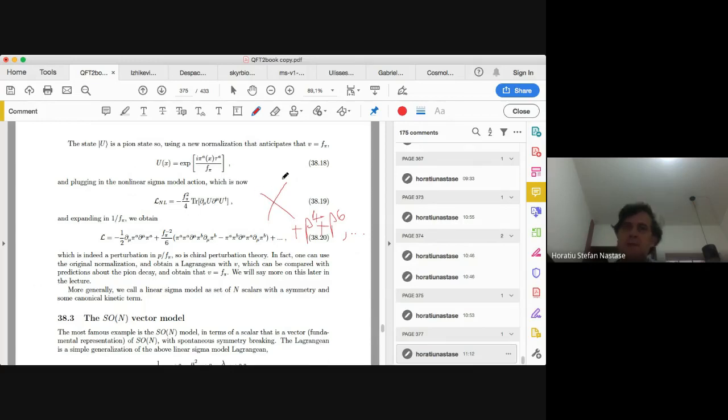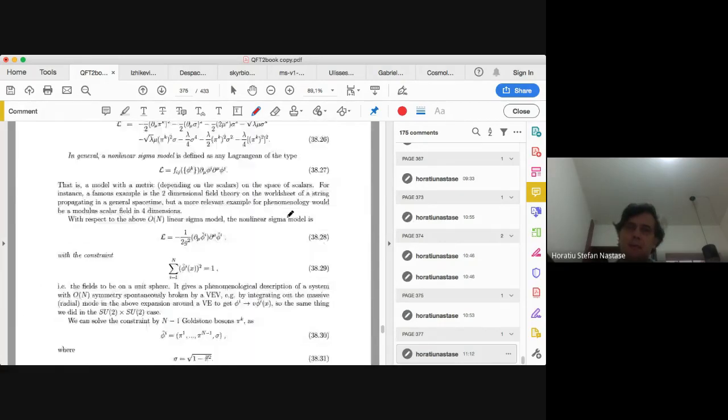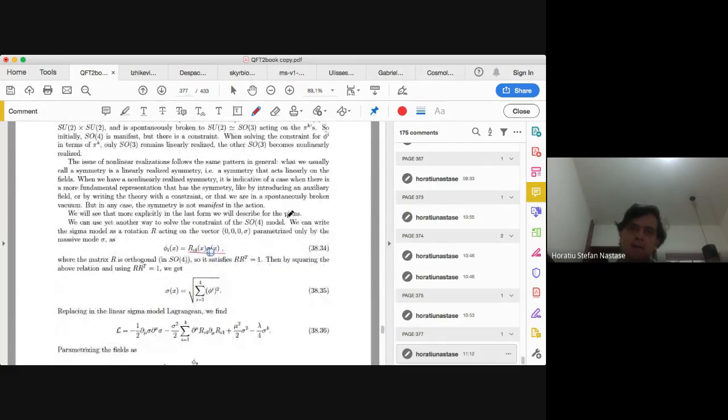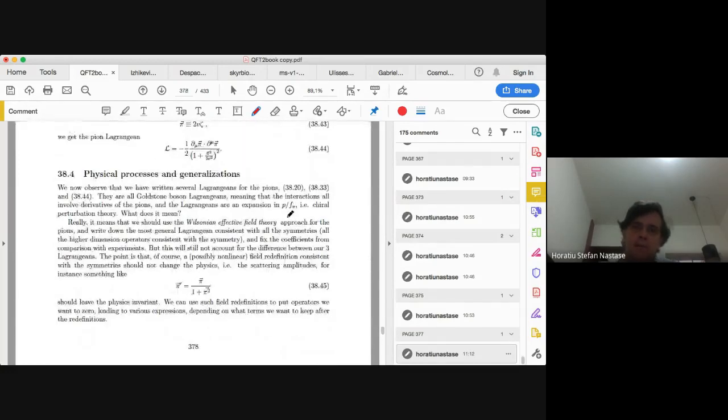There are in principle terms with 4 derivatives, 6 derivatives, and so on. But for this part with 2 derivatives, we wrote 3 different Lagrangians, and they're all Goldstone boson Lagrangians, meaning their interactions all involve derivatives of the pion. So if the pion field is constant, there are no interactions.